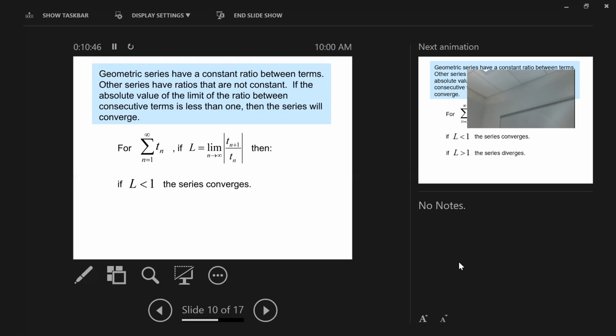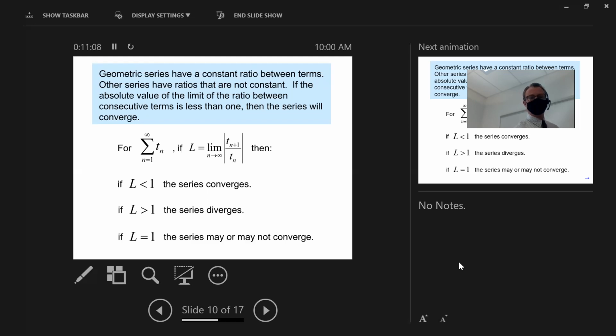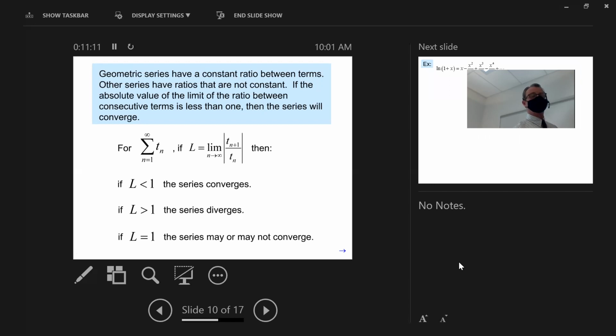Yeah, because if the number you get's less than 1, then the numerator is smaller than the denominator. If this term is less than 1, the numerator is smaller than the denominator. Yes? If it is the other way around, it diverges. Because the middle column would be getting larger. If it's equal to 1, we don't know. It's inconclusive.